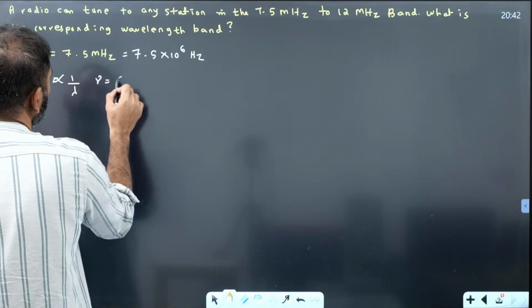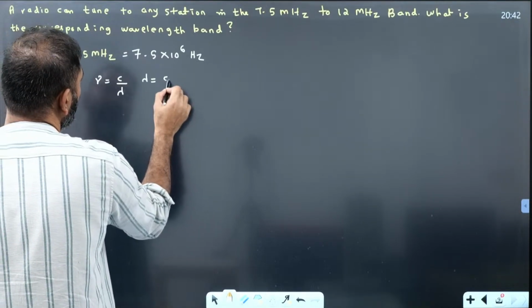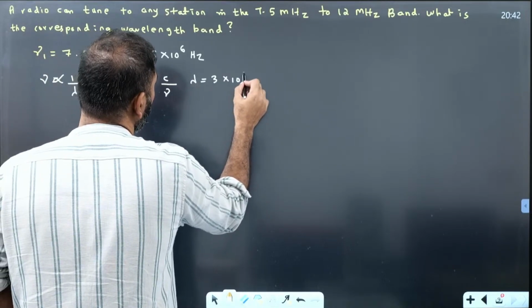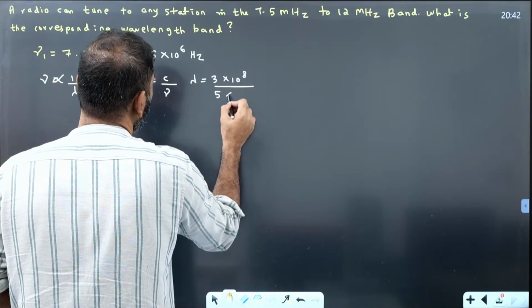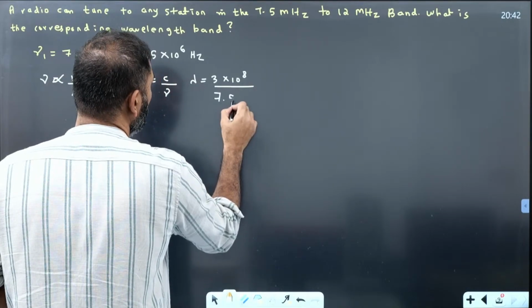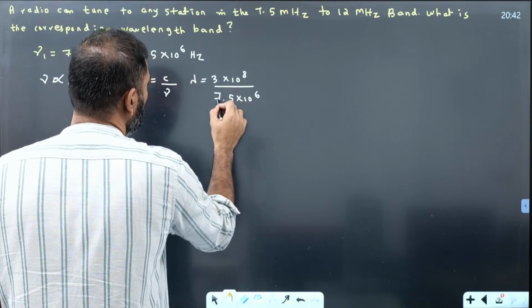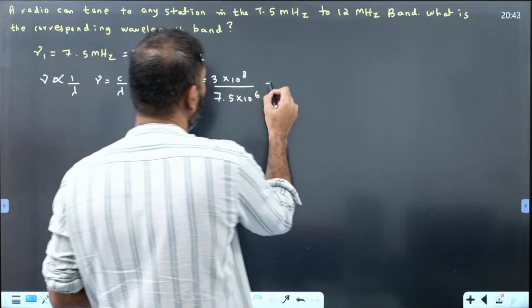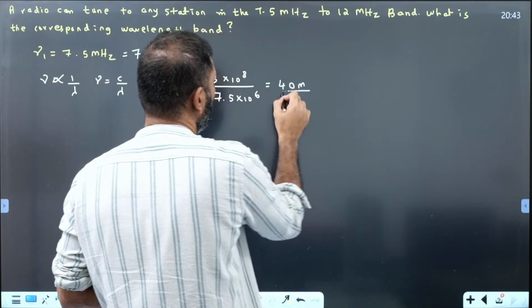Nu is equal to C by lambda, so lambda is equal to C by nu. So lambda is equal to 3 into 10 raised to 8 divided by 7.5 into 10 raised to 6. If you solve that, the wavelength is 40 meter.